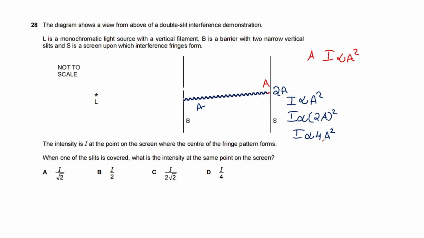Previously it was 4A squared, now it is only A squared. From this you may find that the amplitude squared is proportional to I by 4. So the intensity after covering one of the slits is just 1 by 4 of the initial value. So which one is the correct option? Option D.